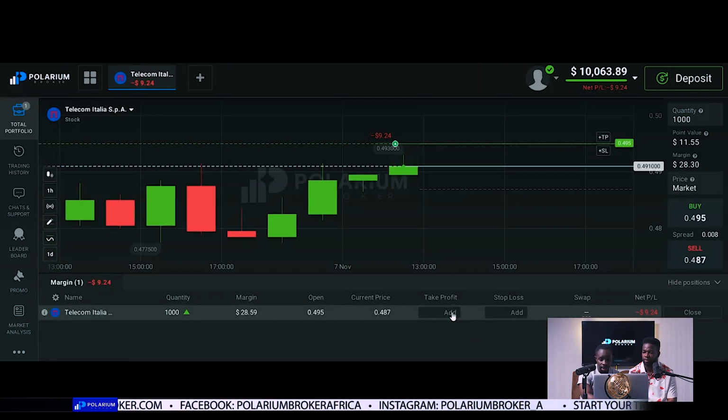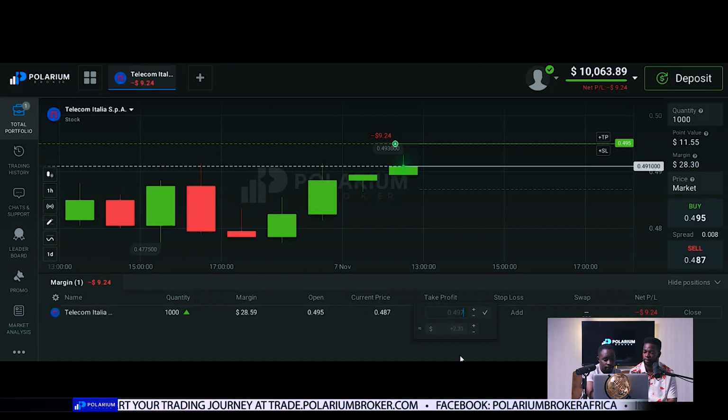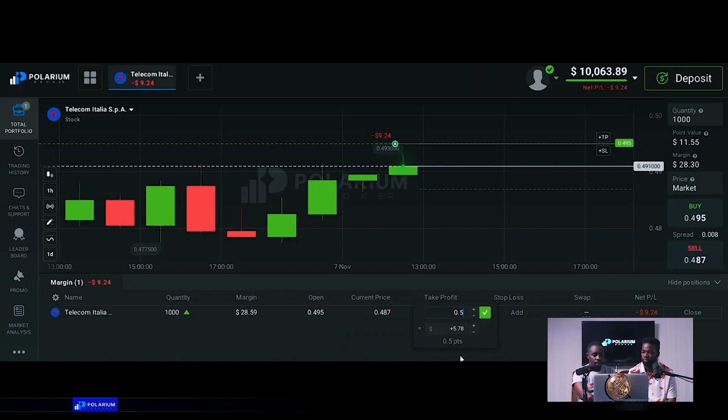The current price is 0.487, so we can choose, let's say, 0.65, or 0.6. That's a lot. So let's do 0.51. All right, then we set that.